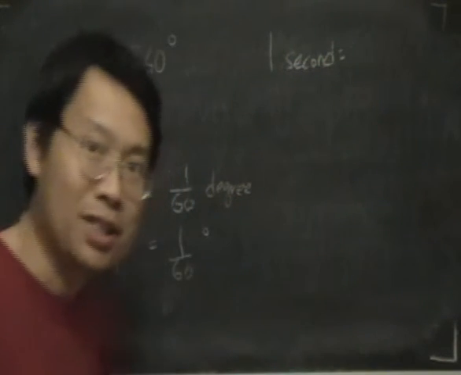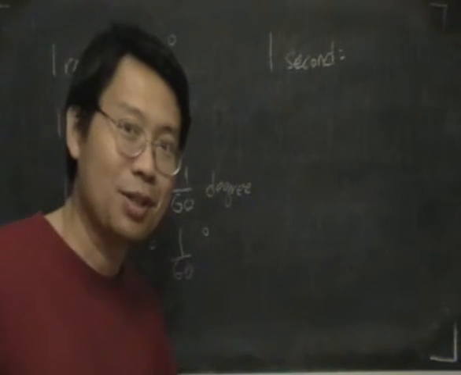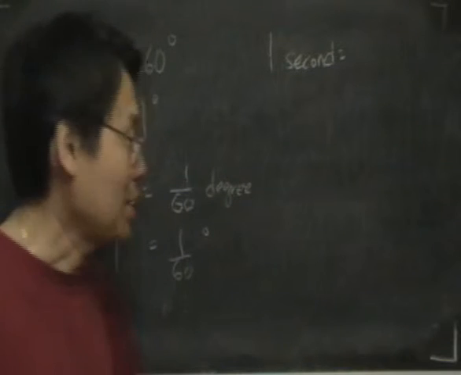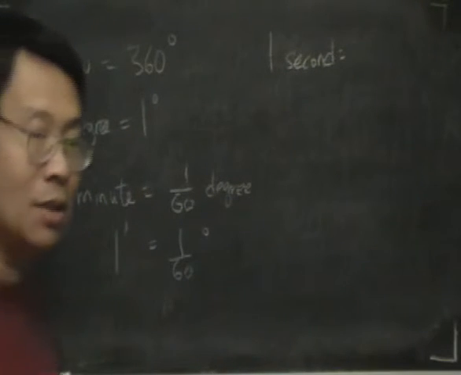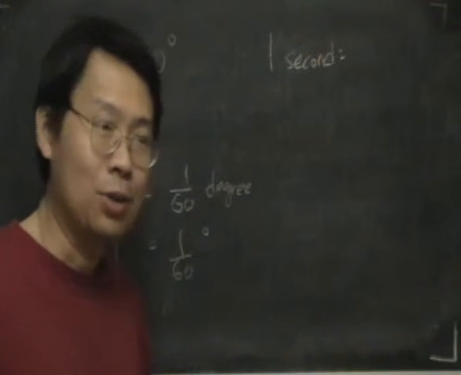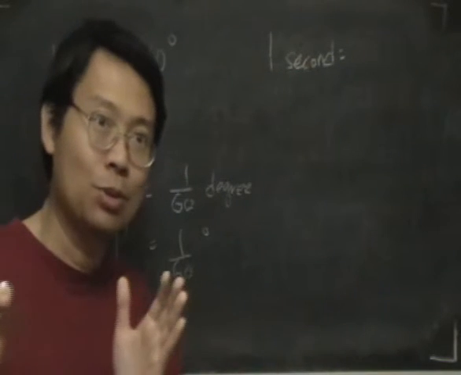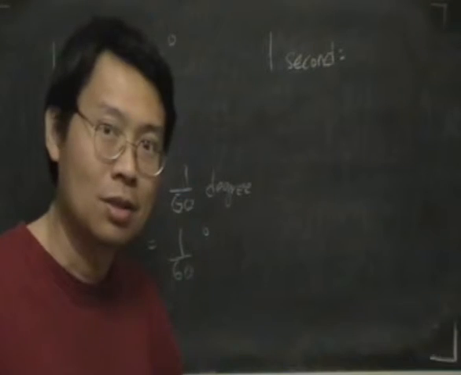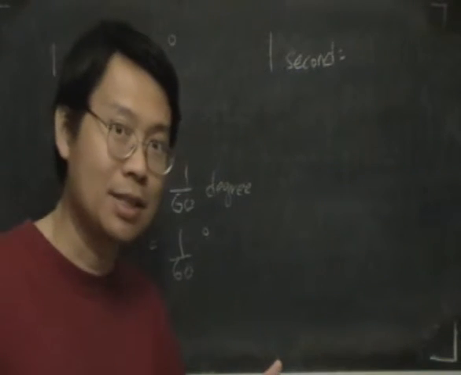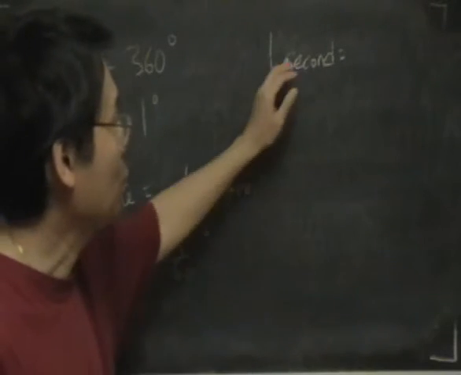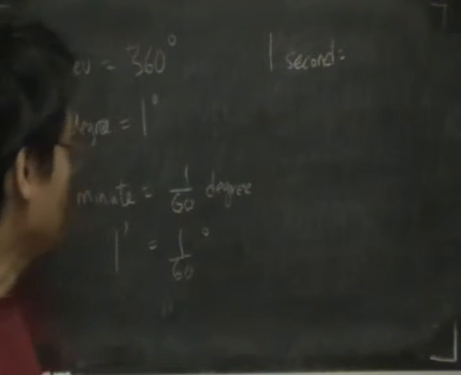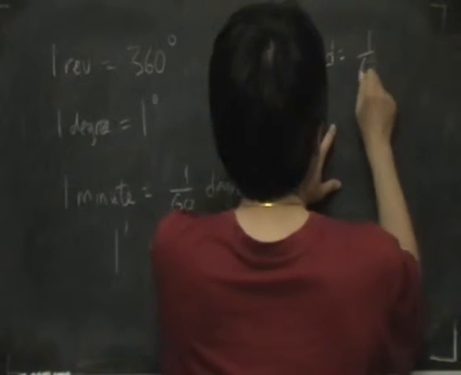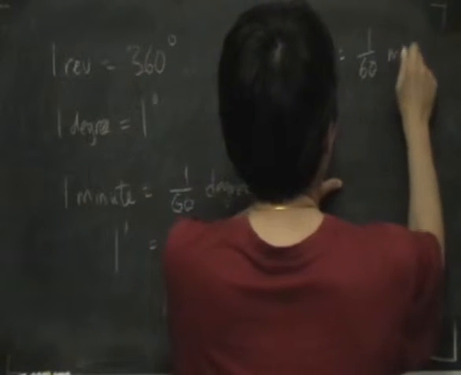It may not be surprising. If you have minute, you have second, right? And you can imagine how that is related to a minute. How is a second related to a minute in a clock? Well, 1 minute is 60 seconds on a clock, and the relation here is the same. The same relation is used for angles. So 1 second is 1/60th of a minute.